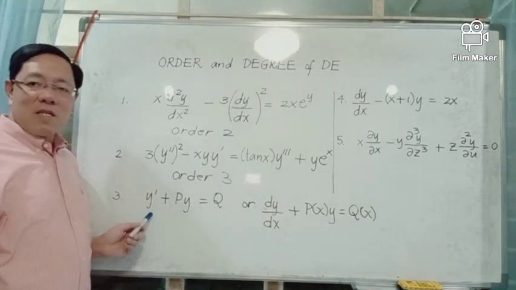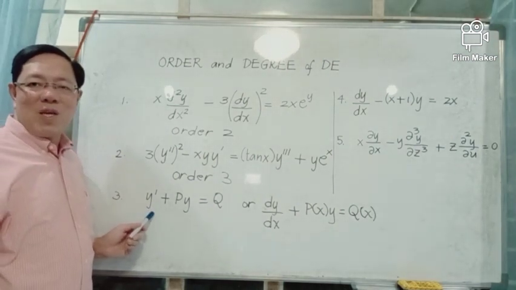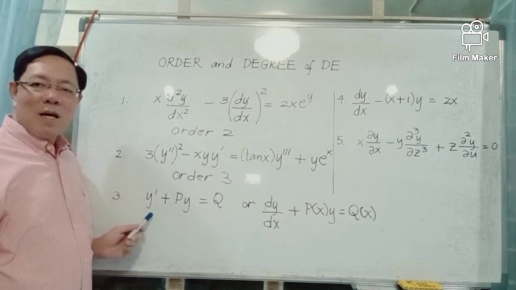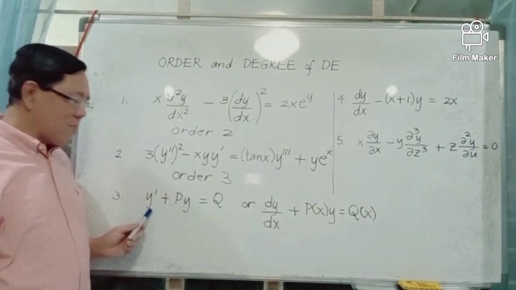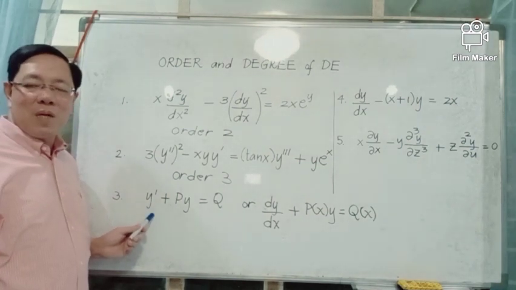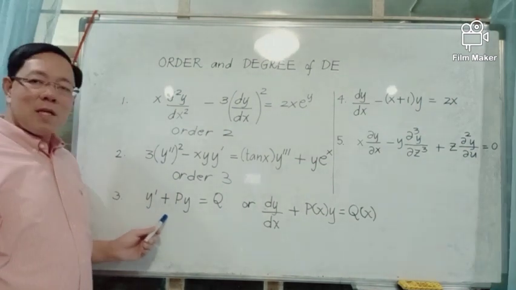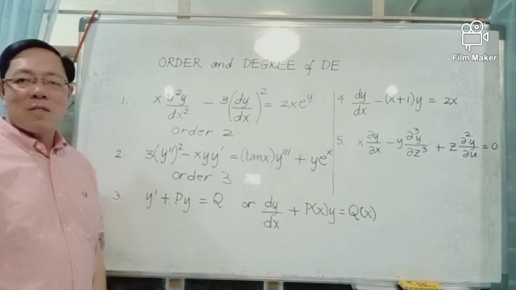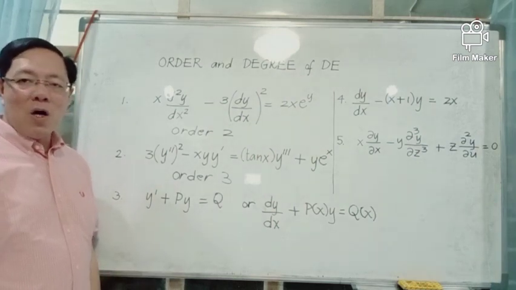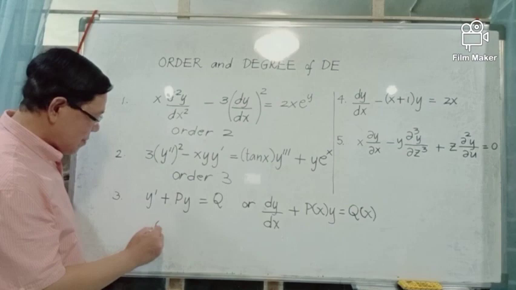So the highest derivative that occurs is the first, and the order, or differential coefficient, of the highest derivative y prime is 1. Therefore, this differential equation is of order 1.